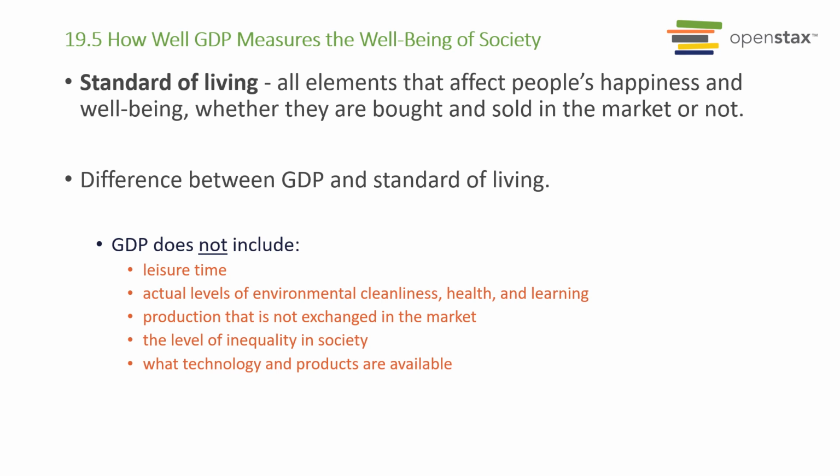And the last thing you need to know is that GDP is not perfect. There are things that GDP doesn't measure. For one, GDP does not measure any leisure time. If you're doing something, let's say playing a game or reading a book, that's good for you, but that's not contributing to our GDP. So GDP doesn't really show you how happy people are in the country. That's why if you look at some of the happiest countries in the world, like Sweden, Denmark, and Norway, they don't have the highest GDP.